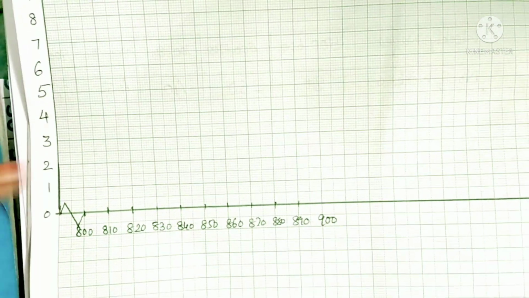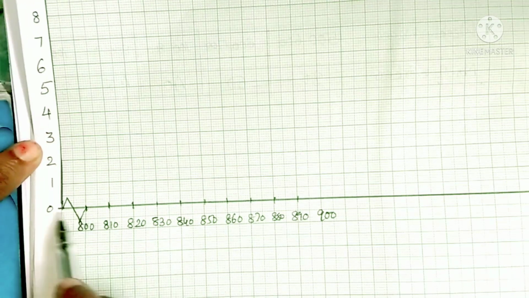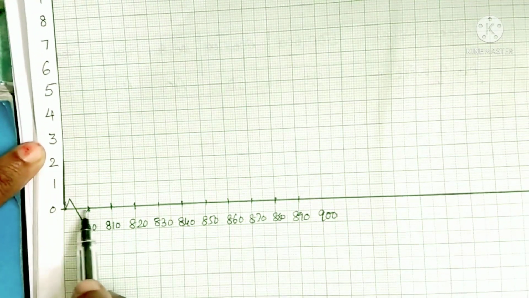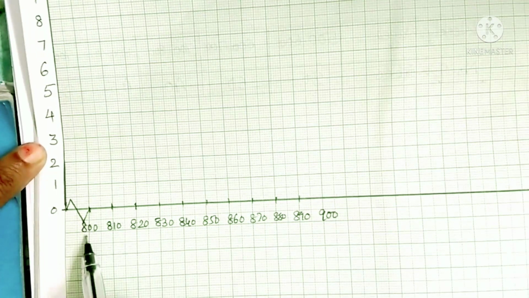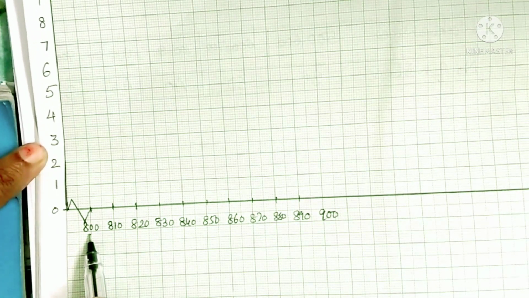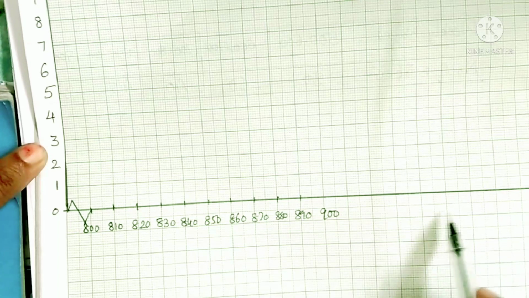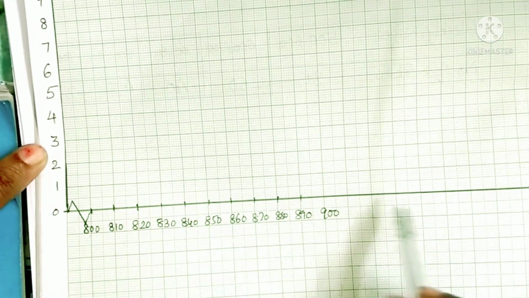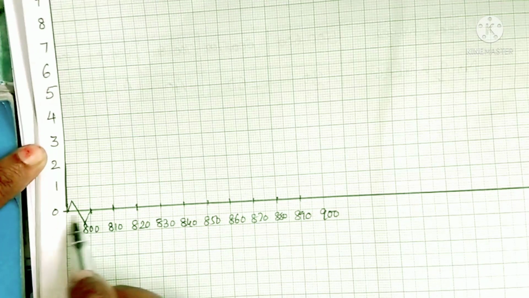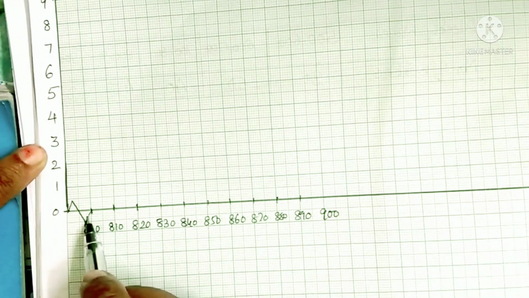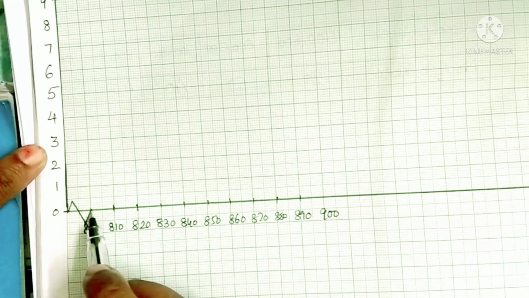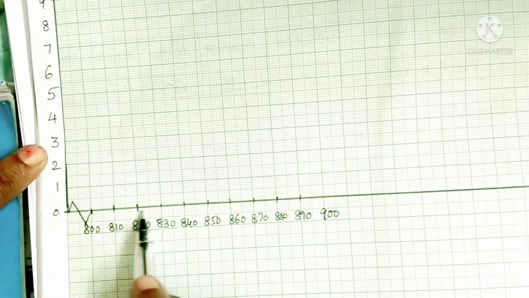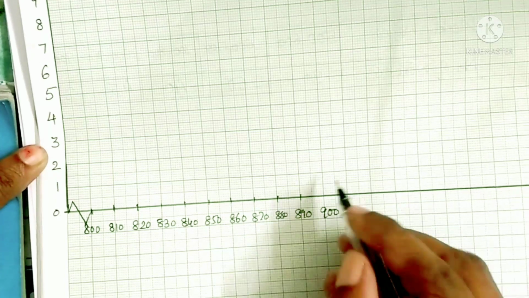See here, we are going to start from 0, then 800. So here a gap is there which is for 800. So we are not going to give 800 as the scale here. So what we will do, we are skipping the numbers from 0 to 800. So it is shown by a broken line here. So this is 800, then each one is 10, 10, 10 units.